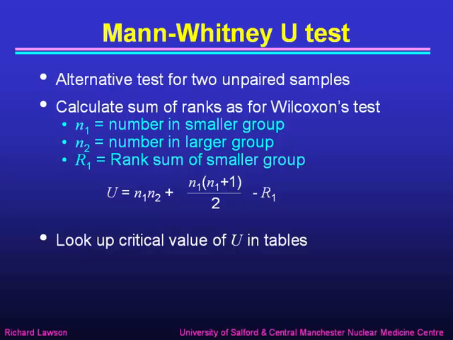If n1 is the number in the smaller group and n2 the number in the larger group, and r1 was the rank sum of the smaller group, then U is equal to n1 times n2 plus n1 times (n1 plus 1) over 2 minus r1, and you look that up in a table of U values. So the calculation is exactly the same, you just look up the number slightly differently.